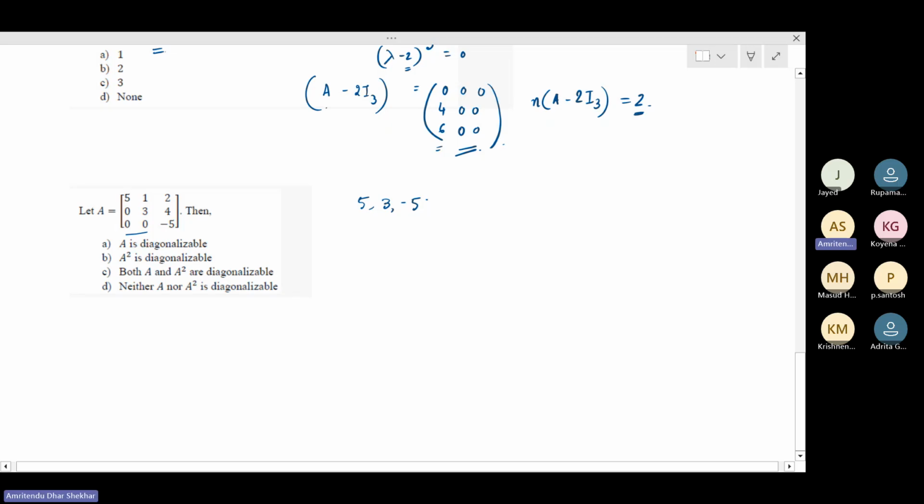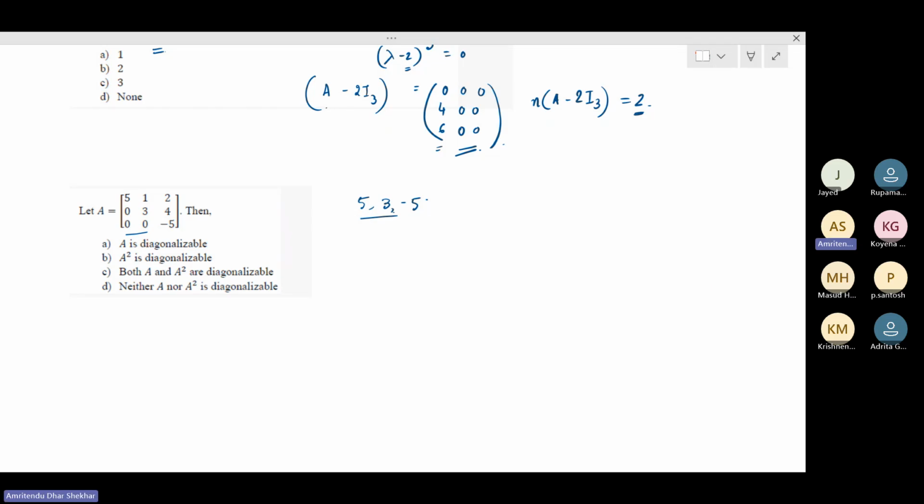Okay, so yes, A is going to be diagonalizable. And why? Of course, in order to check diagonalizability, as I said, we need to have all real eigenvalues. We do have all real eigenvalues, but we also need to check the multiplicities of those eigenvalues. The algebraic multiplicity of each of these eigenvalues is 1, of course.